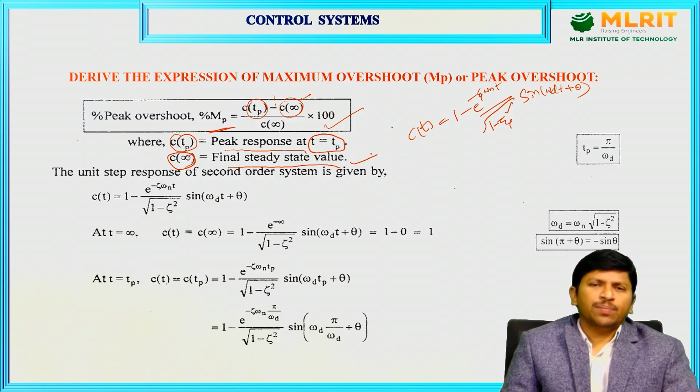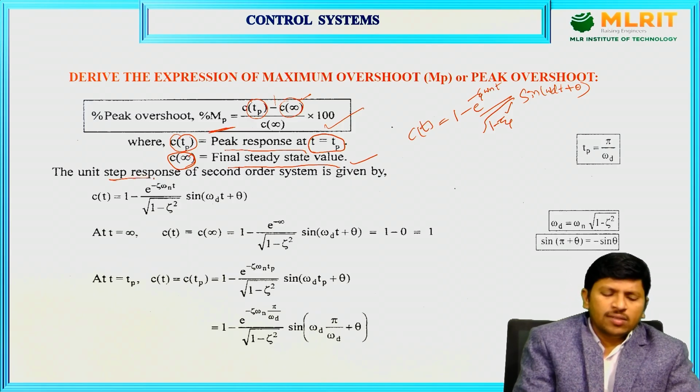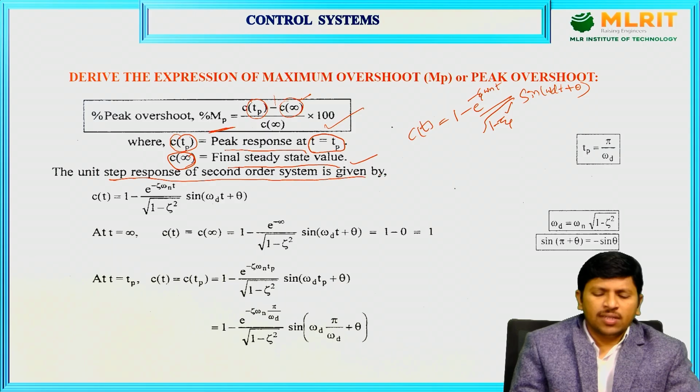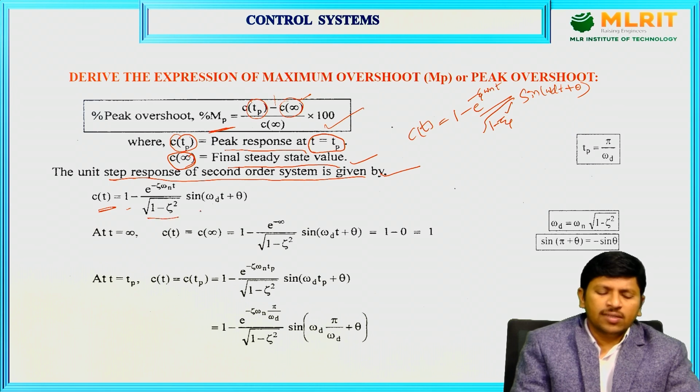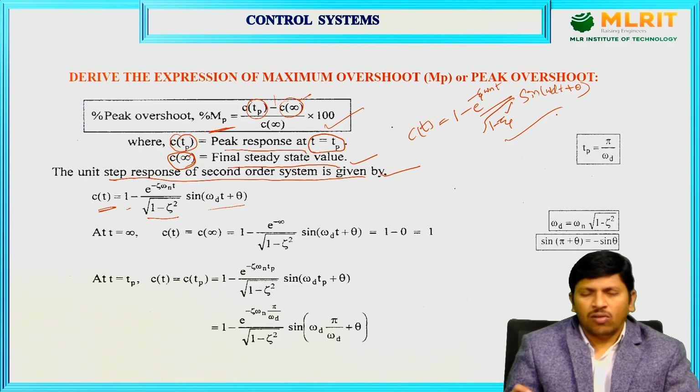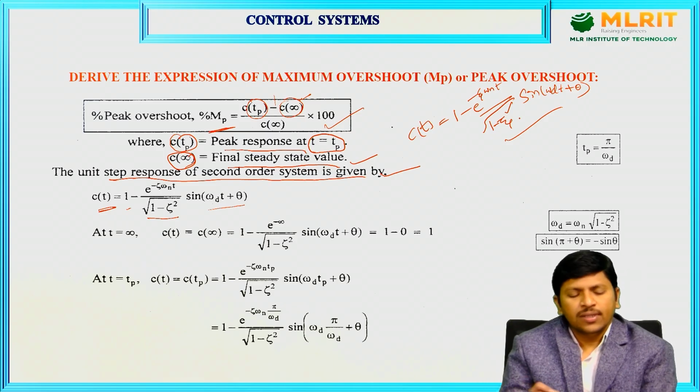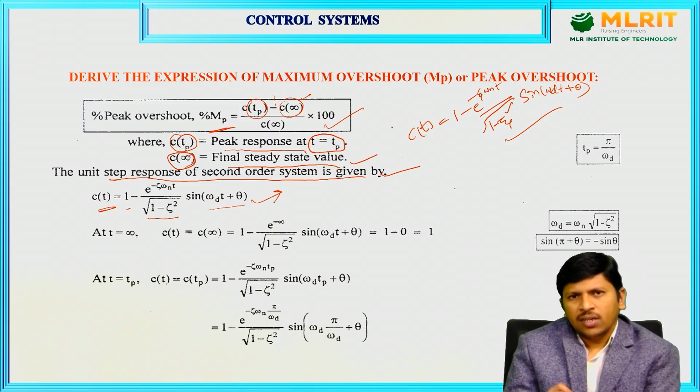The unit step response of the second order system is given by c of t equals 1 minus e power of minus zeta omega n t by under root 1 minus zeta square, sine of omega d t plus theta. This is the underdamped second order system response for unit step input.